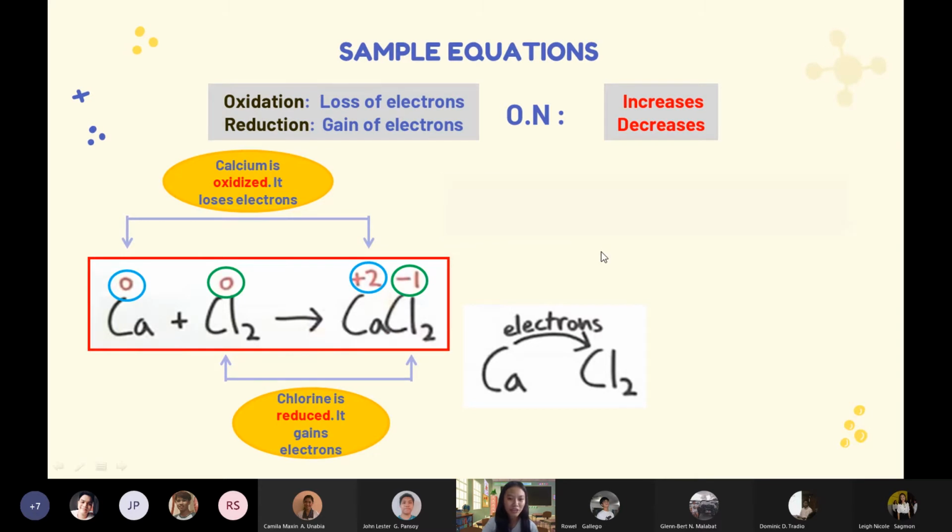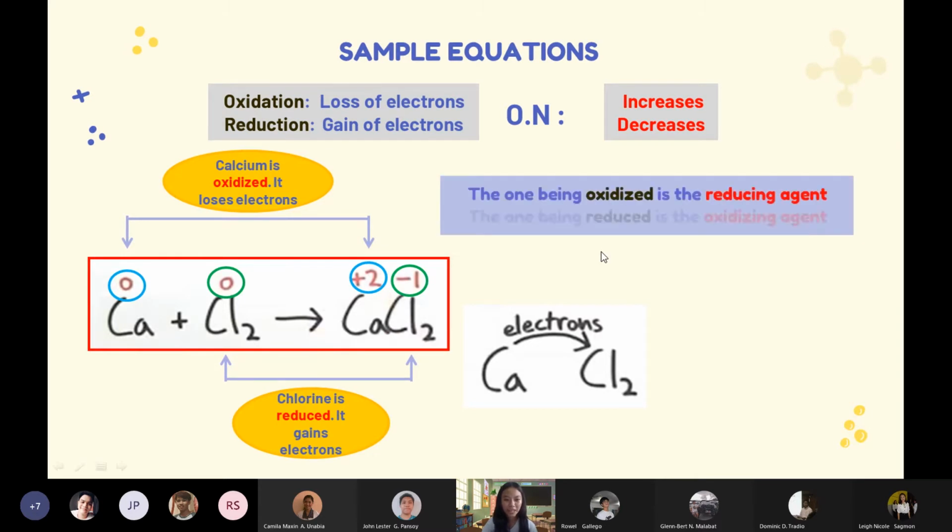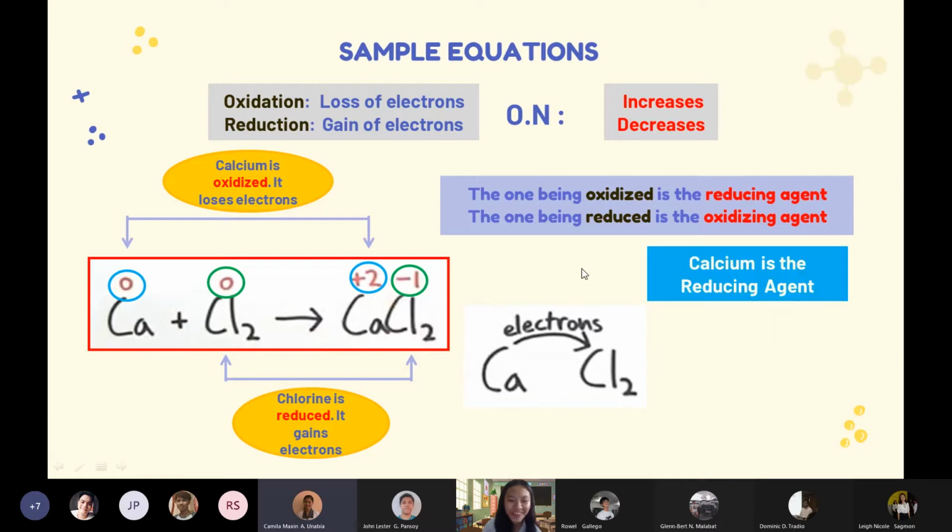Now, a reminder: the one being oxidized is the reducing agent, and the one being reduced is the oxidizing agent. Now, which one here is the reducing agent? Can someone tell me, based from our figure? Calcium. Okay, very good. Calcium is the reducing agent.